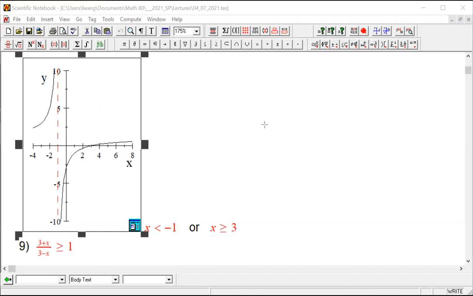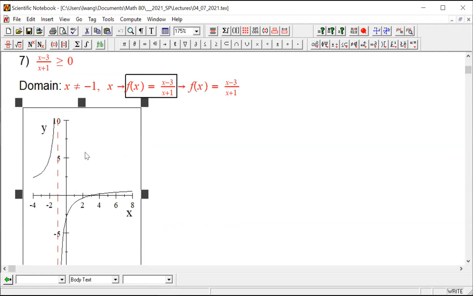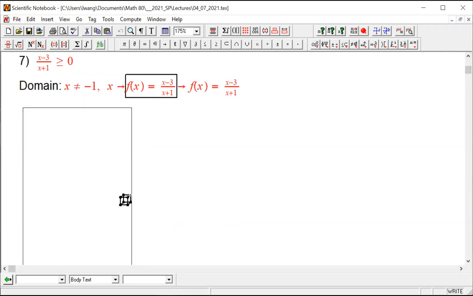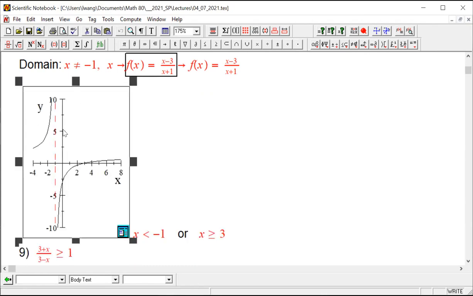We want that function to be greater than or equal to 0, right? With a picture like that, it's easier to identify which piece is above the x-axis and which piece is below, so we can identify all the solutions. Just remember, we want to find all the solutions.